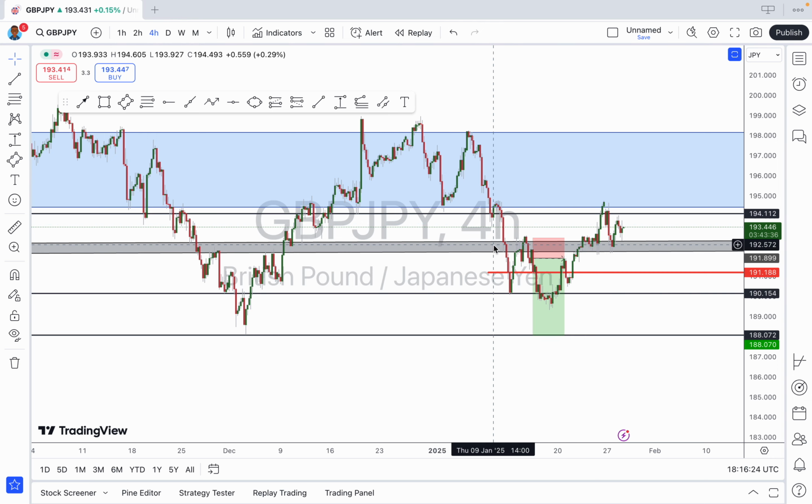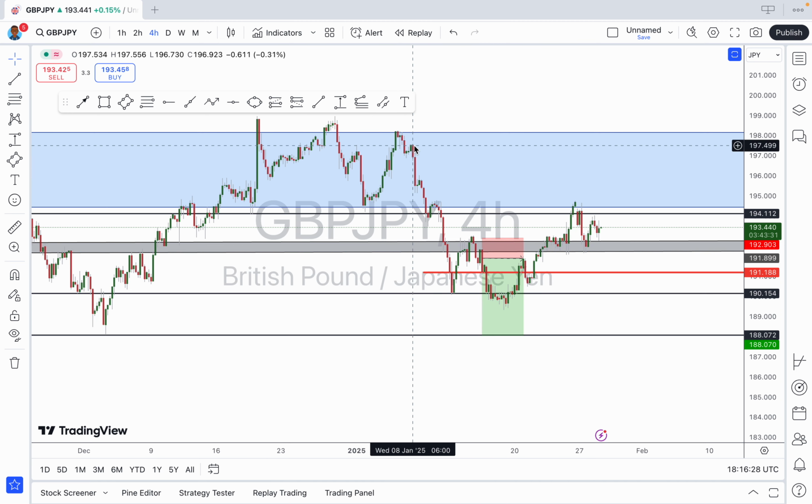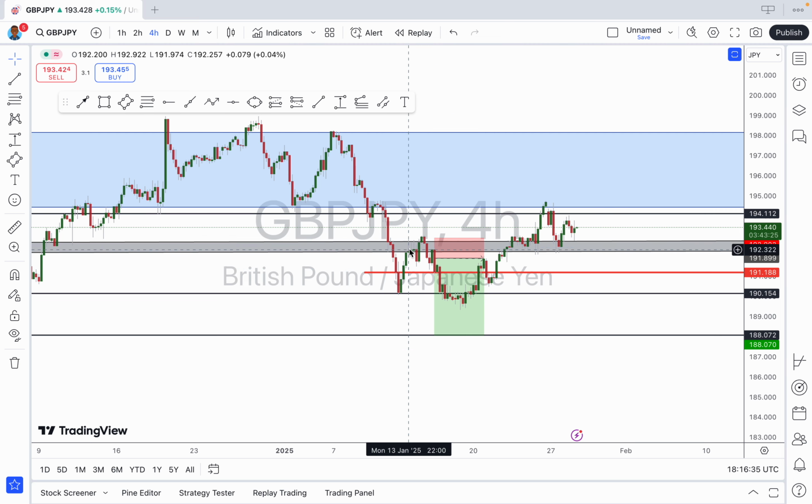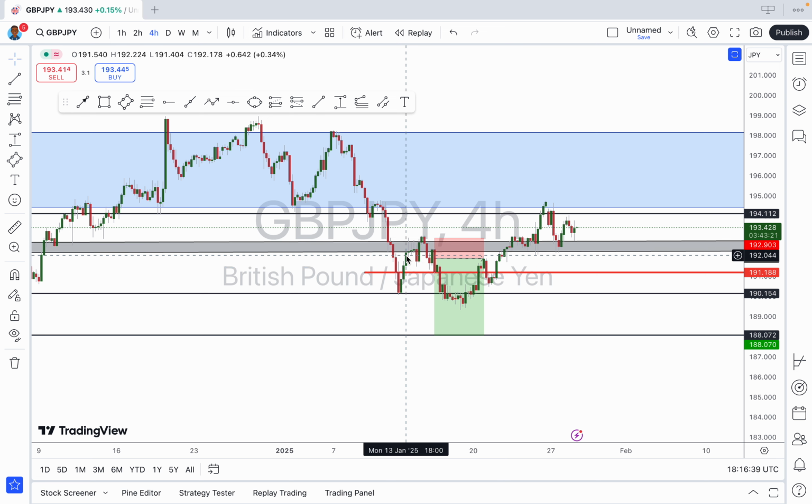However, we needed some reversal. You could check the last video to see what I said about GBPJPY. However, if you look closely, you see something like a head and shoulder thing forming here. If you are a lower time frame trader, 30 minutes and the like, you would see this more profound.